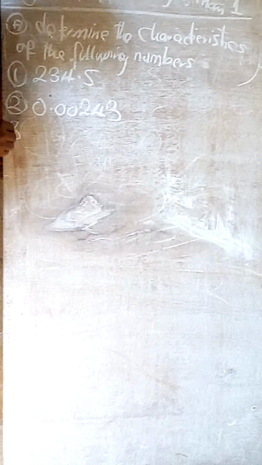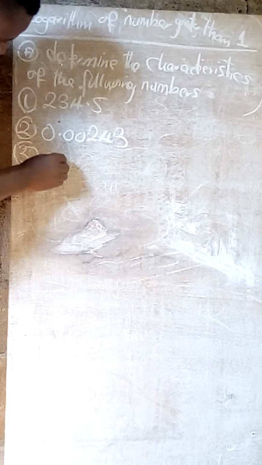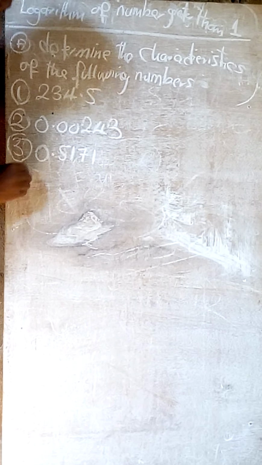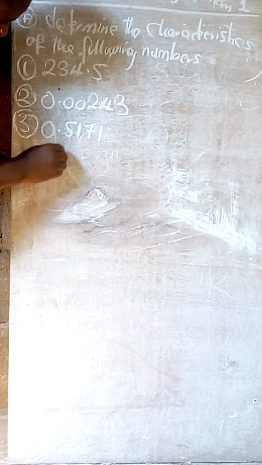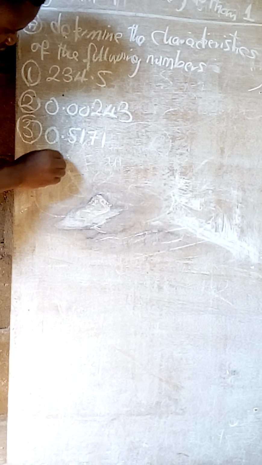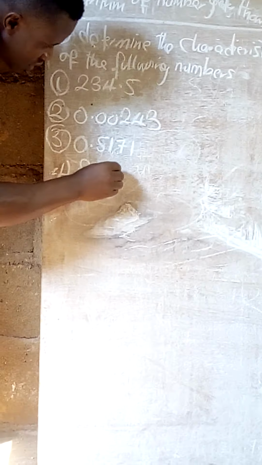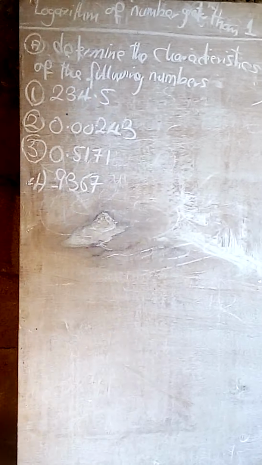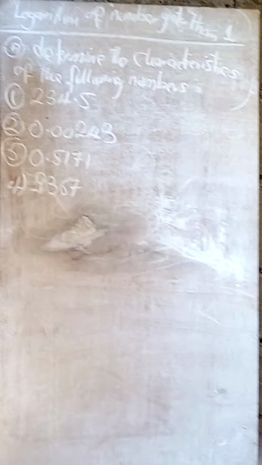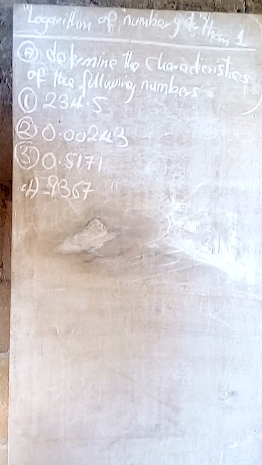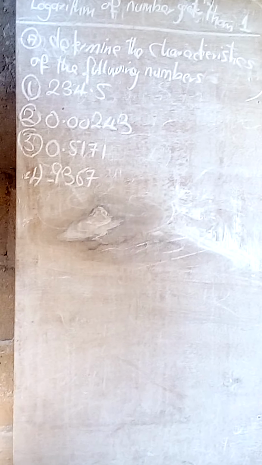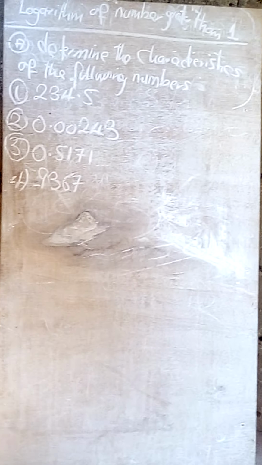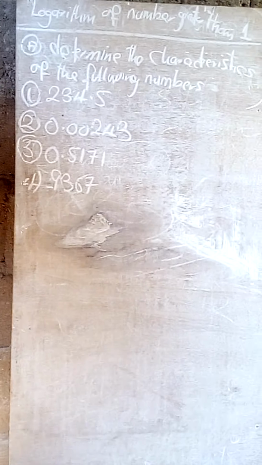Lastly, number 3, 0.5171, and number 4, 9,364. Are we together? So what we have been asked here is to determine the characteristics of the following numbers. Can we do that together?